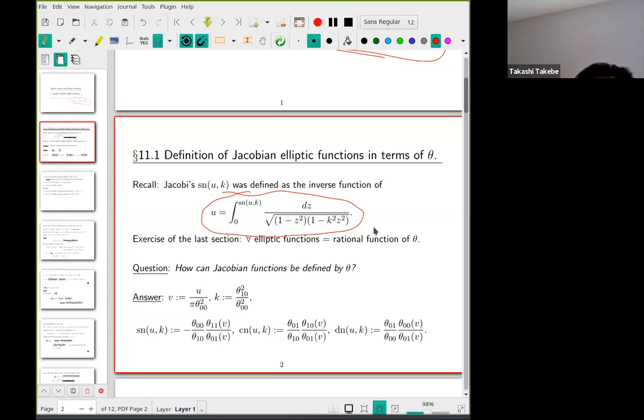So what we have just proved is that an elliptic function is a rational function of theta functions. So in other words, we can define sn, cn, dn, Jacobi elliptic functions, as a ratio of theta functions.